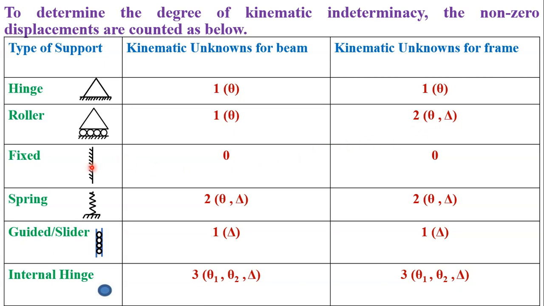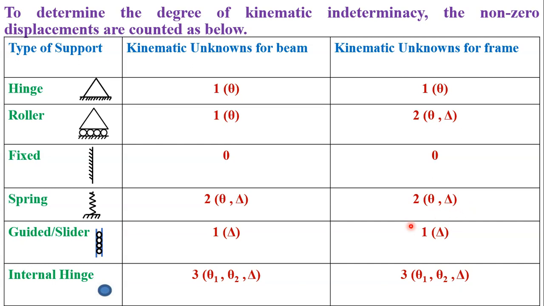A fixed support does not offer any degree of freedom, so 0 for beam and 0 for frame. In case of a spring support, it offers 2 degrees of freedom, one rotation and one translation, and in case of a frame, if a spring is used, again the degrees of freedom remain the same.